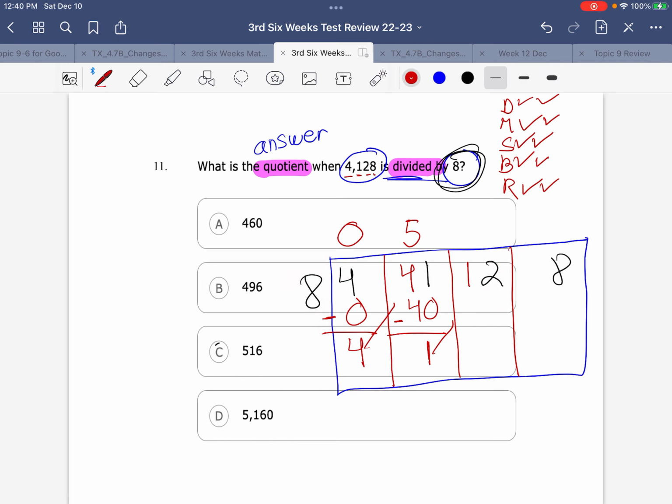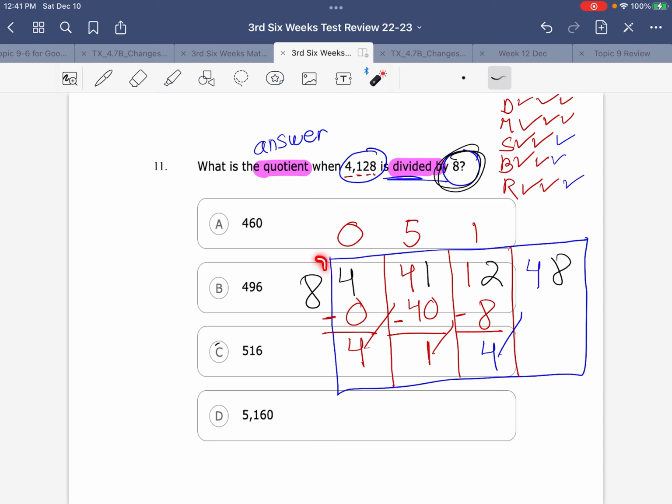That is 1. I divided, now I multiply. 8 times 1 is 8. I subtract. 12 minus 8 is 4. I subtracted.